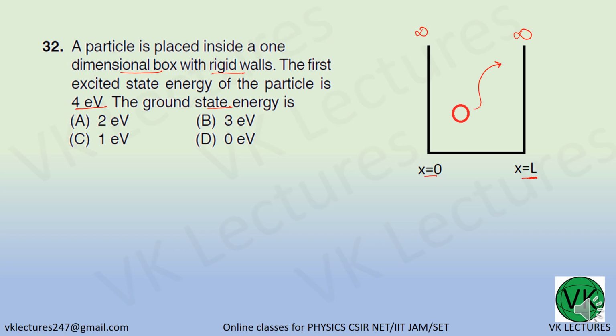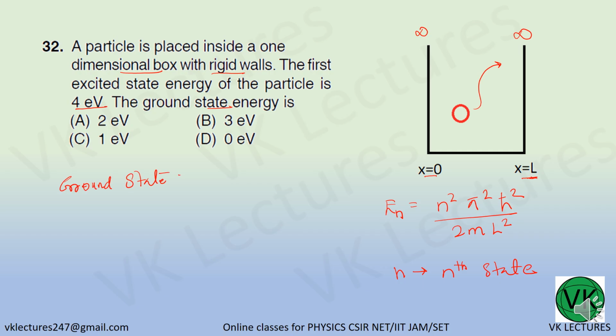Then what is energy? Energy is given by n square pi square h cross square divided by 2m L squared. This is the nth state energy. Nth state, not the nth excited state. Now ground state means n equal to 1.